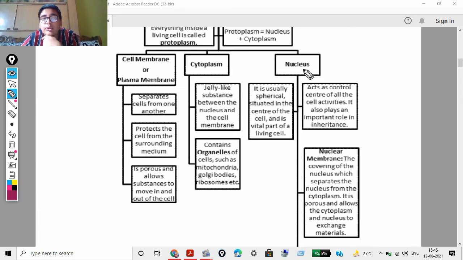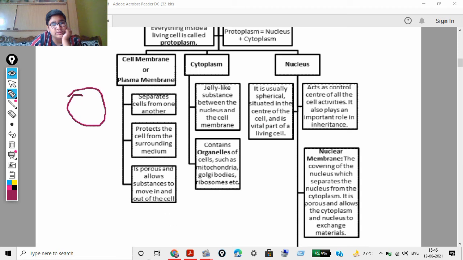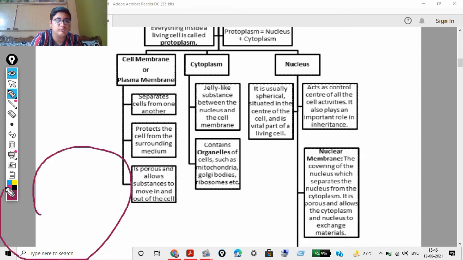So now we come to the nucleus. The nucleus is usually spherical, situated in the center of the cell. I'm enlarging the cell. This is a nucleus. Let me draw it properly. See, this is a cell, and this is further divided into the nucleus.